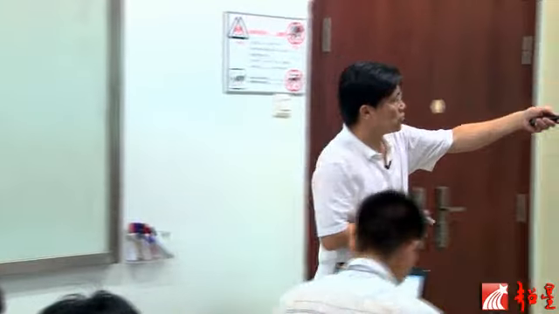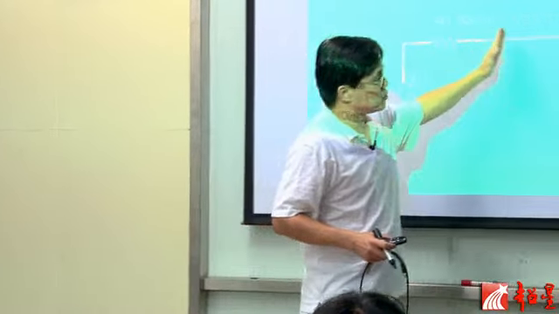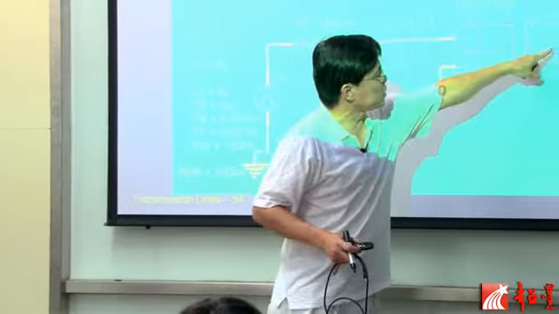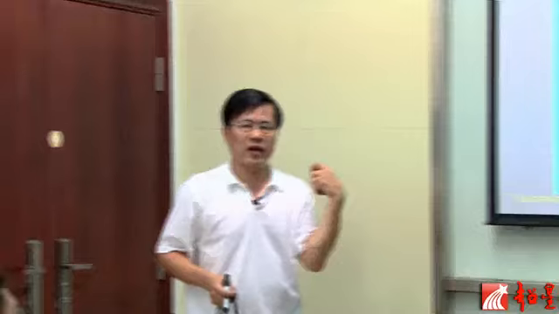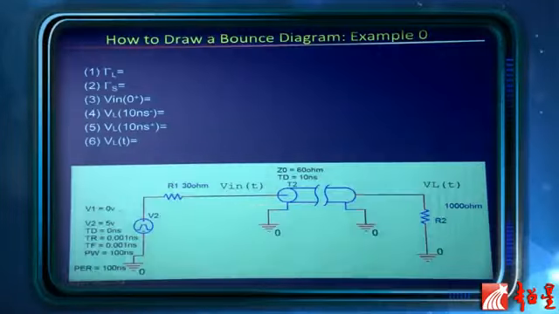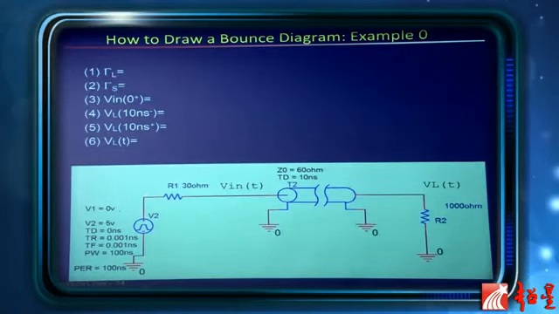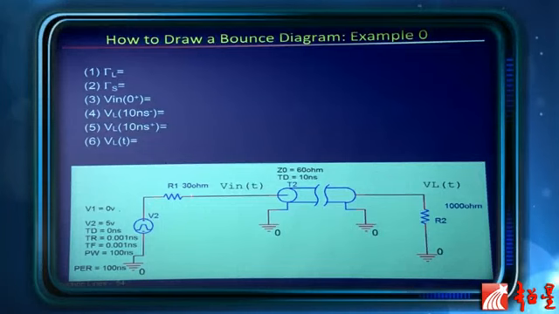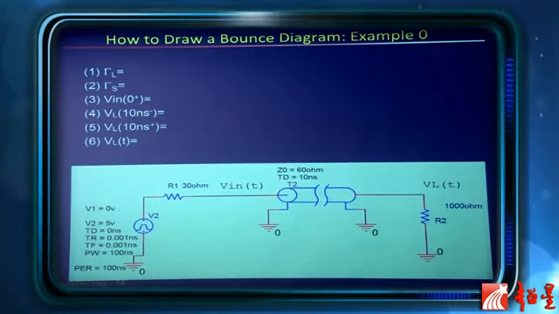And this is a step function. When the step function starts, it will propagate through this transmission line. It takes 10 nanoseconds to go through to the load. Once it reaches the load, it's going to reflect. But when the reflection comes back to here, it's going to reflect again, because the reflection coefficient of the source is not 0, because the source is a 30 ohm source and the line is a 60 ohm line.